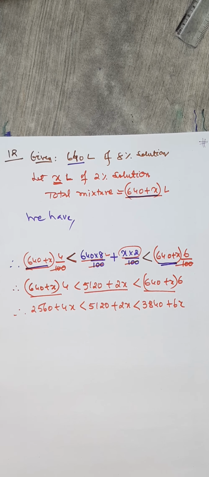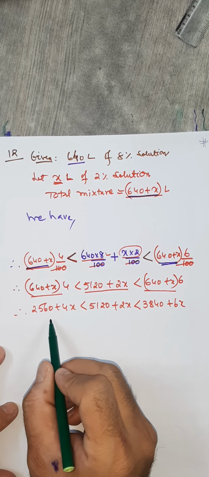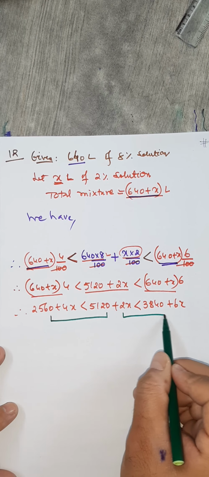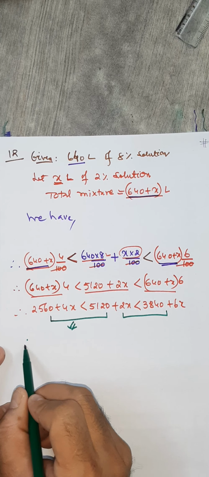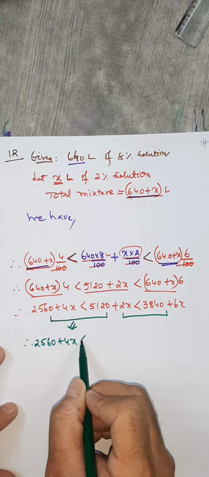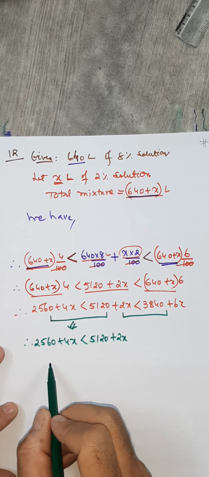Now in all the three terms you have variable x, so we split into two inequalities. One we take this and the other one I'll take this. First, combining the left hand side, 2560 plus 4x is less than 5120 plus 2x.